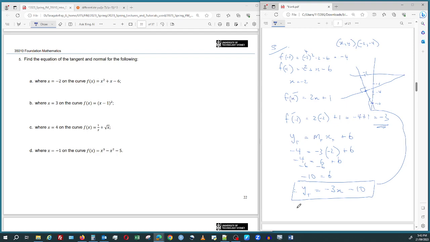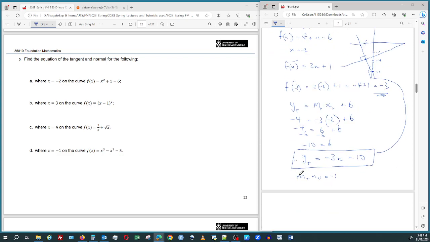And so we work that out by looking at the gradients of the tangent and the normal. That's our generic equation. We've already got the gradient of the tangent, which is minus 3, times the gradient of n equals minus 1. So divide both sides by minus 3, and so the normal gradient is 1/3. Well, that about fits, doesn't it? If that's negative 3, that's 1/3.